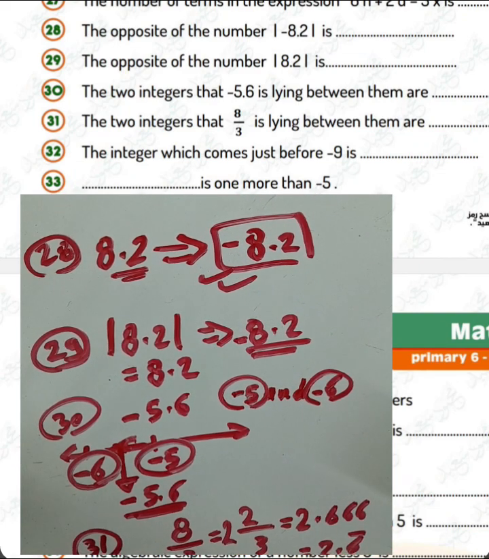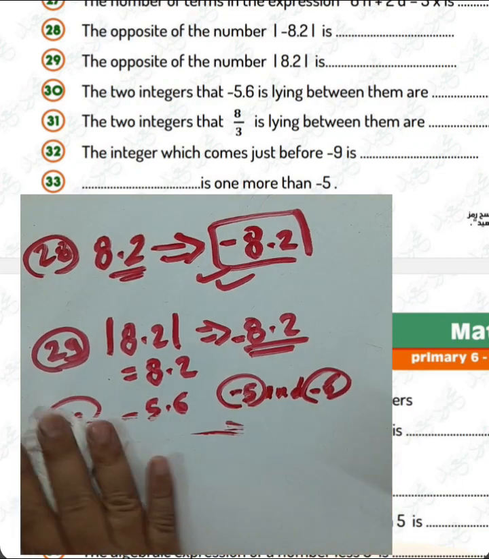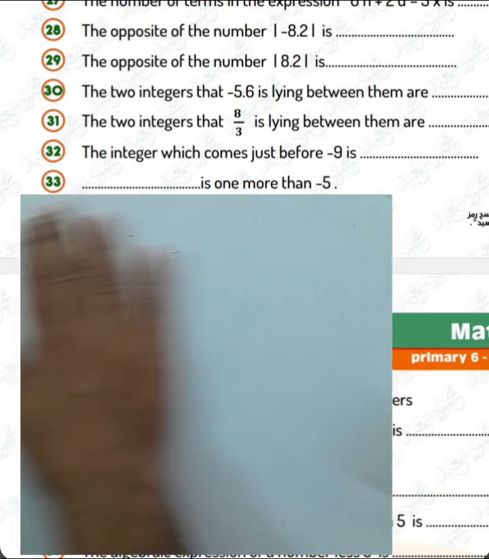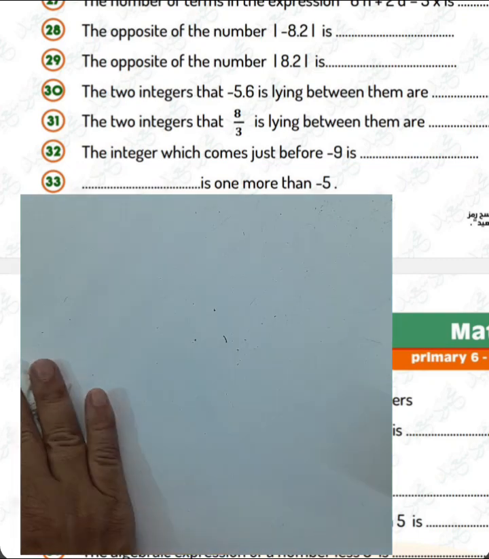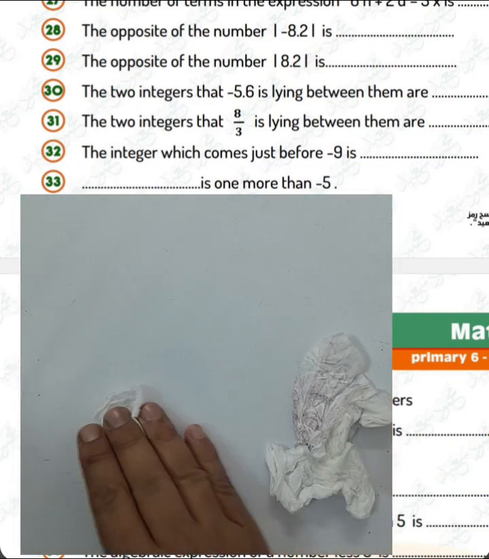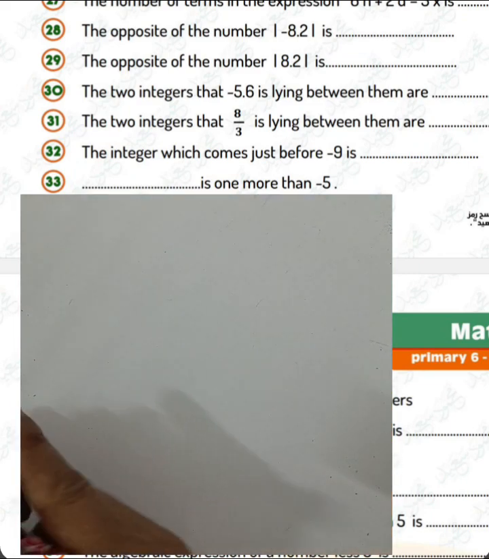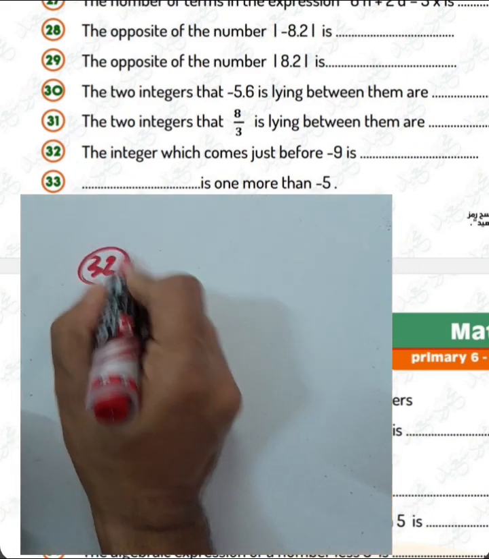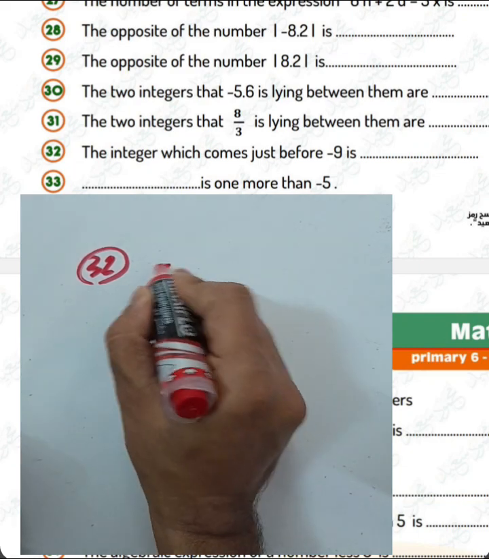Question 32, the integer which comes just before negative 9. Before, it means subtract 1 from the number. Negative 9 minus 1 equals negative 10. Then the result here about 32, we will write negative 10.